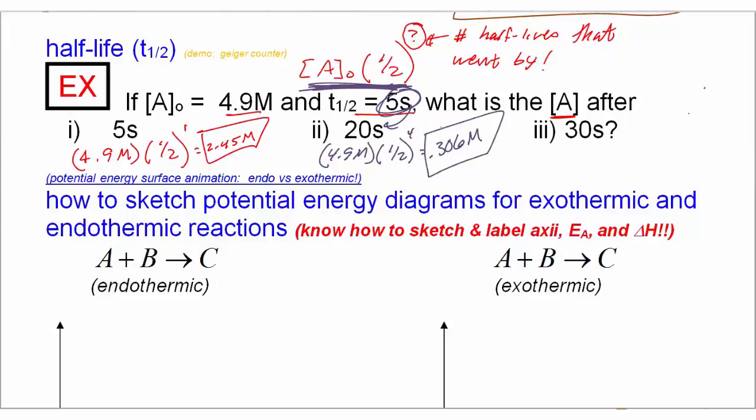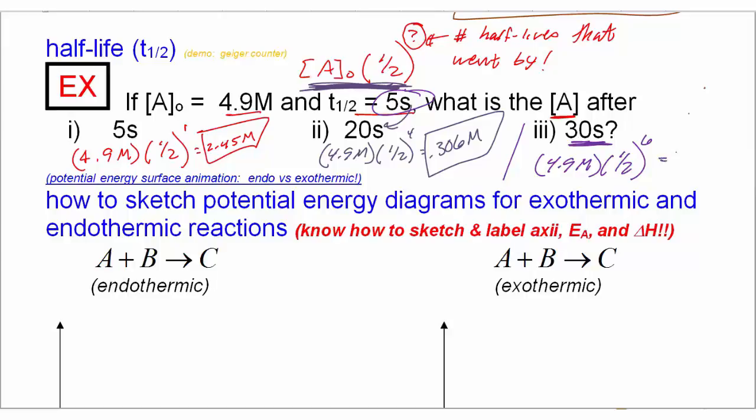Okay, the last one. We have 30 seconds. Each half-life was 5 seconds, so what times 5 gives me 30? 6. So I have to take my original concentration times 1/2 6 times, or just raise it to the 6th power.